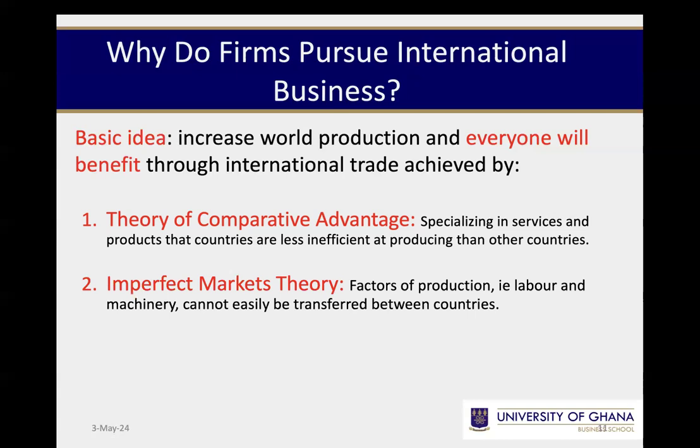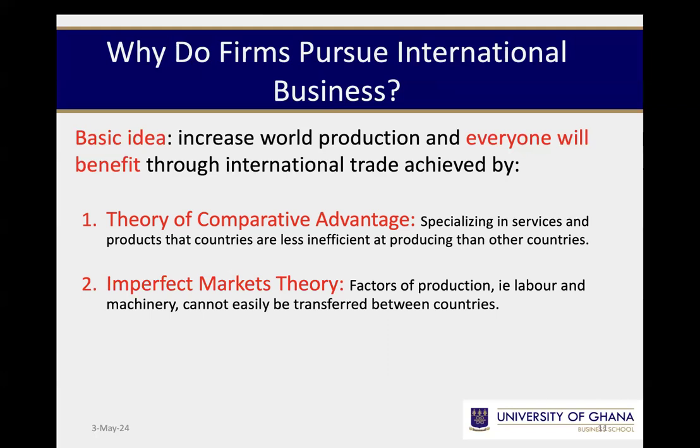Secondly, we have the imperfect market theory. That's another driver of international business. In a perfect market, factors of production are easily mobile, literally at no cost, meaning that if I want to set up a gold factory, I can set up the factory, let's say in Taiwan, and then mine the gold in Ghana and ship it to Taiwan to make my gold accessories and jewelry.